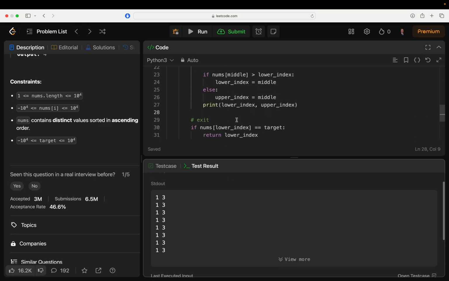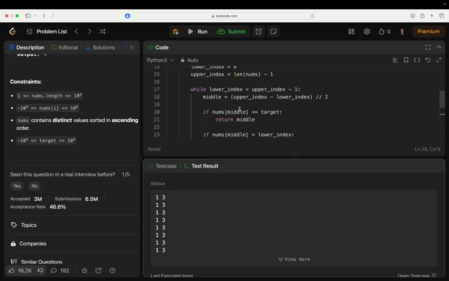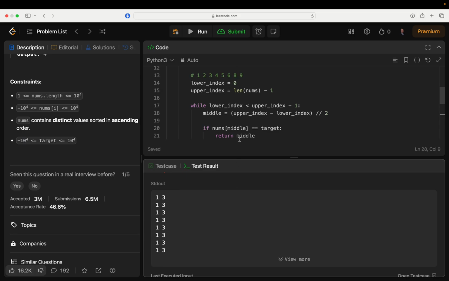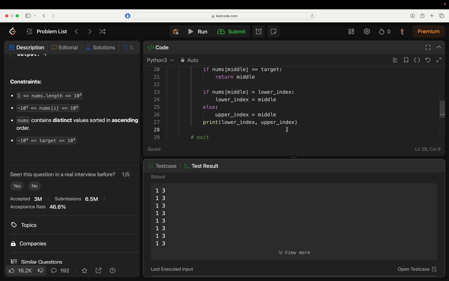It does the same thing over and over again. It's 1, 3. Again and again. Why is that the case? Oh, maybe we had to actually do middle plus 1.